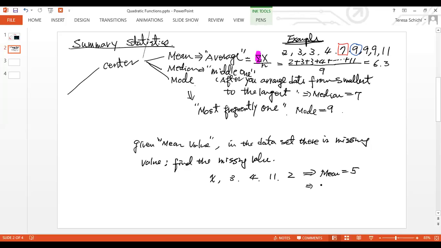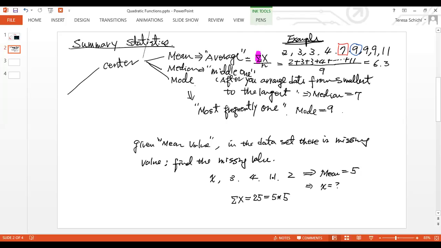They want to find what? They ask, what is the value of x here? So for these, the mean equals 5. The way they test you is, the mean is 5, which means adding all these numbers together should equal how many? 25, right? It's the mean times the n.